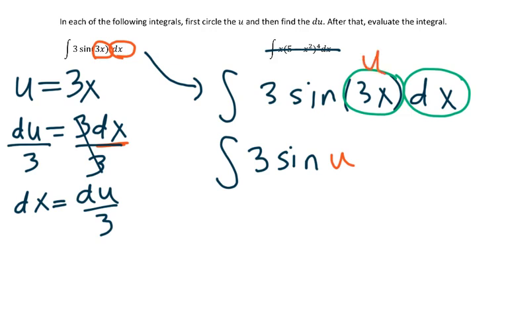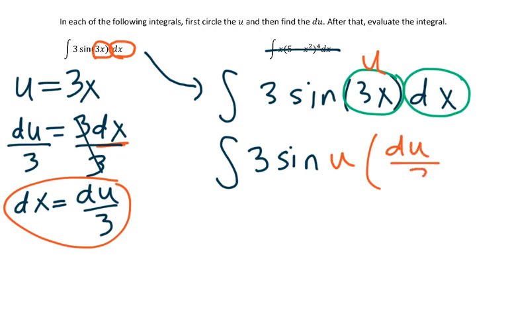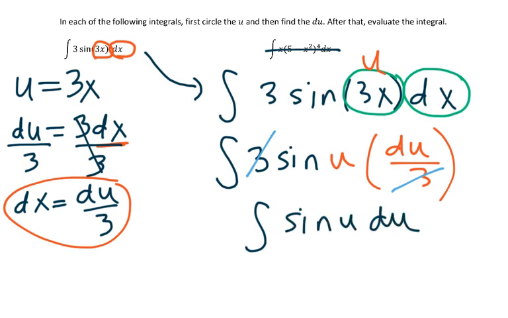Now dx, when we look over here, is du over 3. Like I said, you want to do this so that things cancel out. What I've noticed is that these 3's are gone, which makes this very easy, because now it's just the integral of sine of u with respect to u.